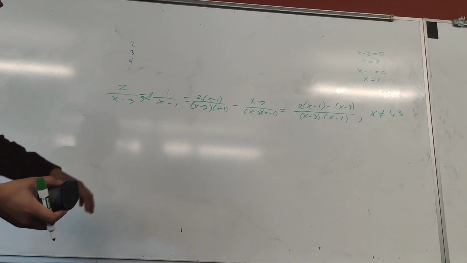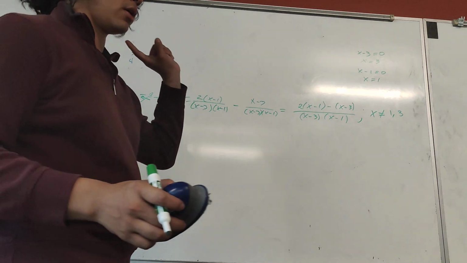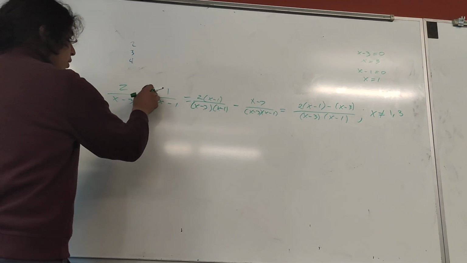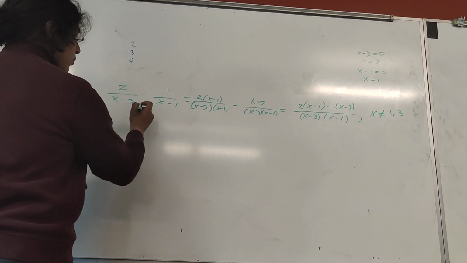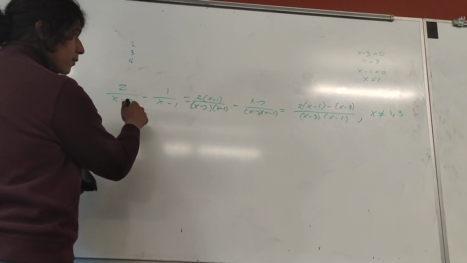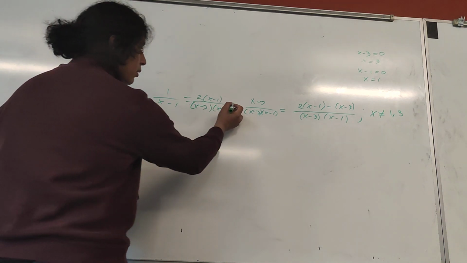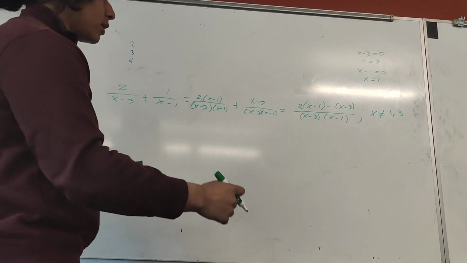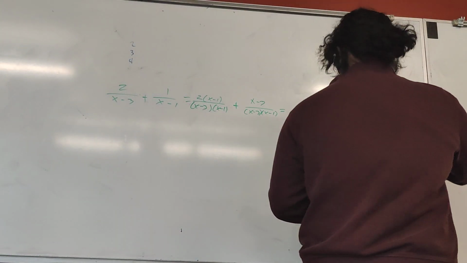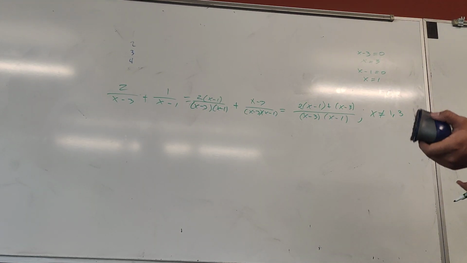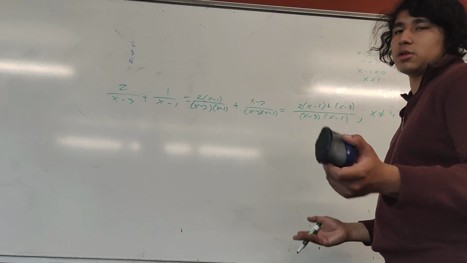So you can do this method for either addition or subtraction, because the only thing that's changing, since we have a negative there, addition is the same thing. Only the numerator changes.